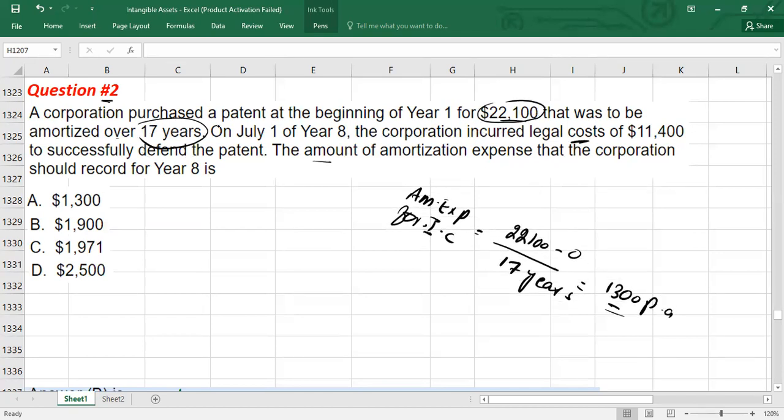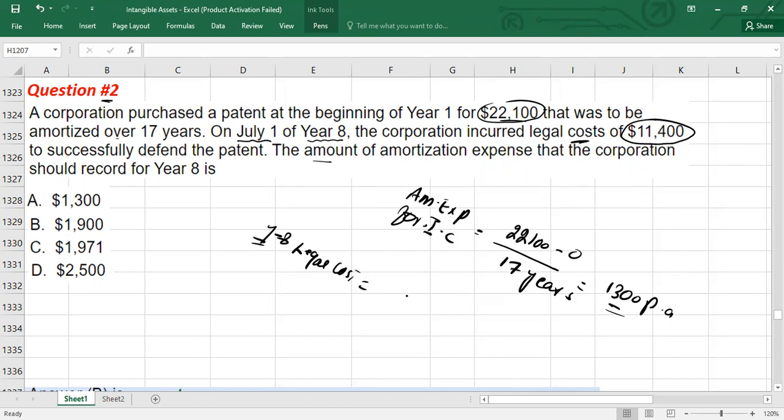Now, on July 1, year 8, the corporation incurred legal cost of 11,400. So now, guys, you are sitting in year 8, and I'm going to deal with the legal cost.